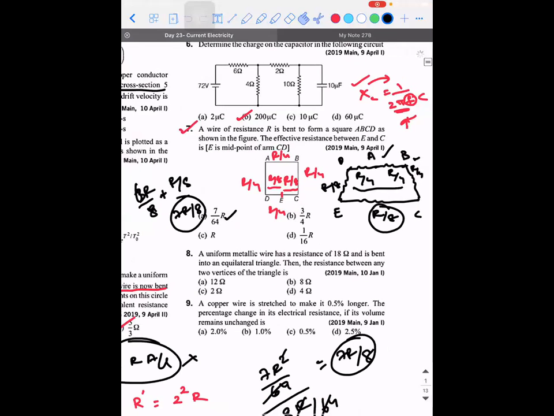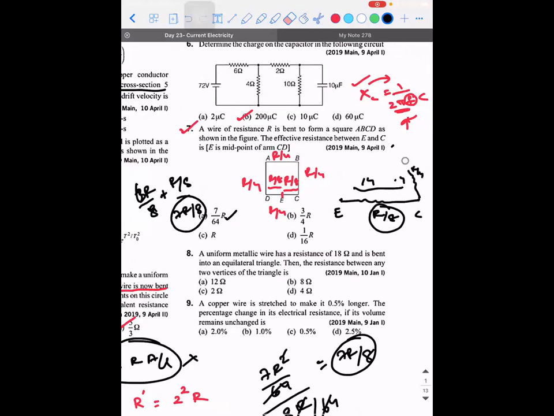See, I'll ask you some questions. Between E and C, how many points are there? Always when you redraw the circuit, you should first place the endpoints E and C. Between the endpoints, you should try to move in anti-clockwise direction and clockwise direction.